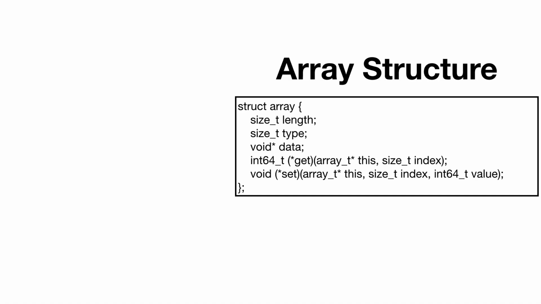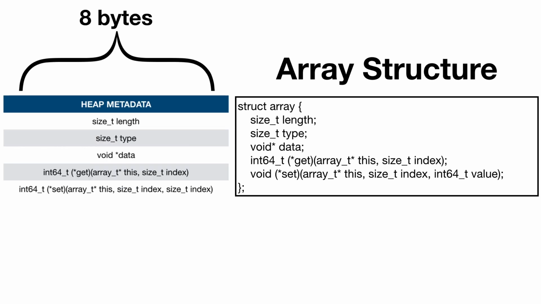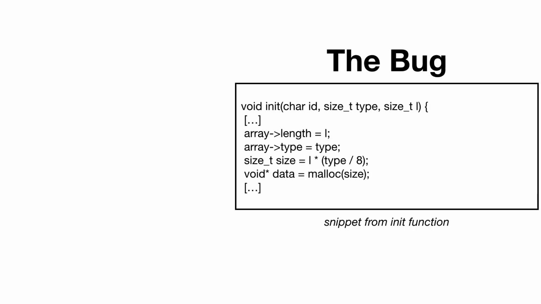The arrays will be stored in the heap since their memory is allocated using malloc. So in the heap we're gonna have a first chunk for the structure itself, and then a second chunk for the backing store. So let's keep this in mind while we have a look at the bug, which lies in the init function.